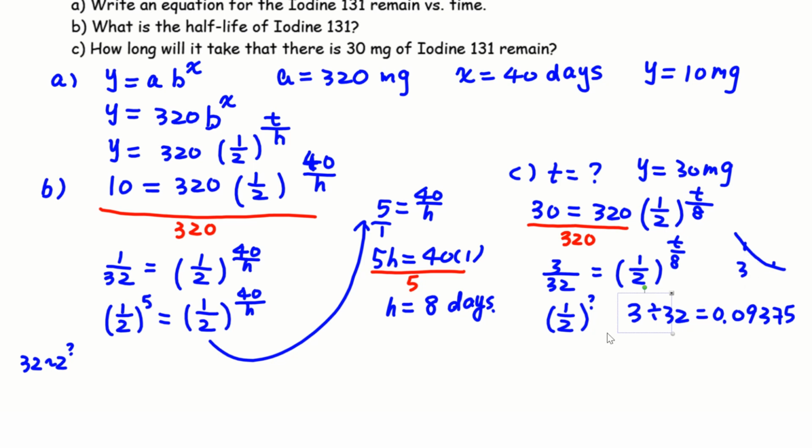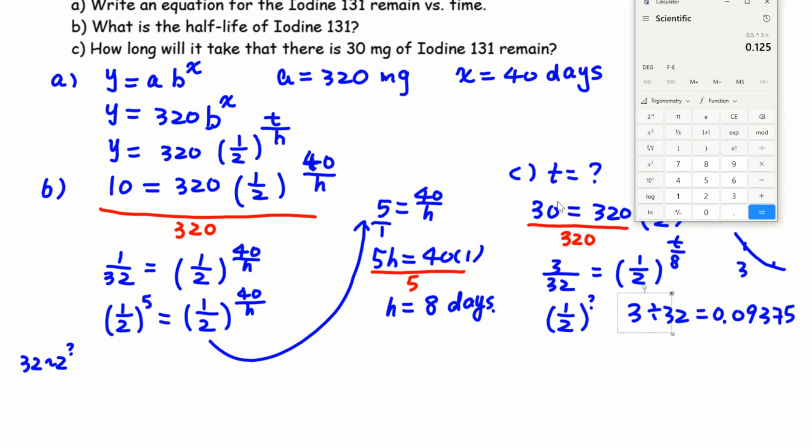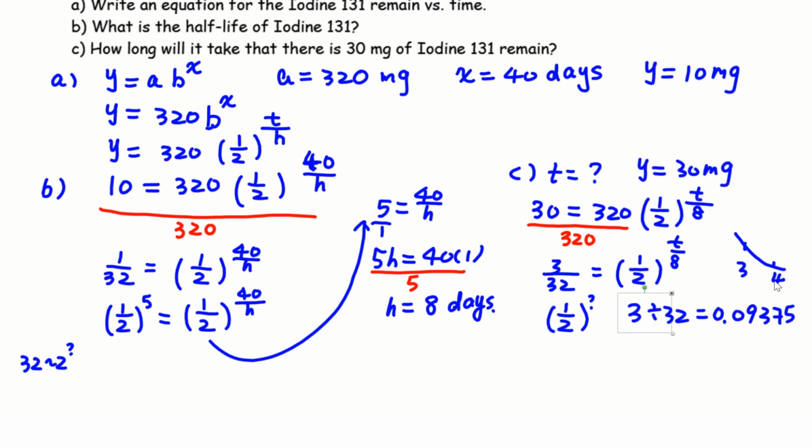So 3 is here, then we need a bigger number to make the number smaller. So we try 4. 0.5 to the exponent 4 gives you 0.0625, so it is too small. So we need to find a number that is between 3 and 4.